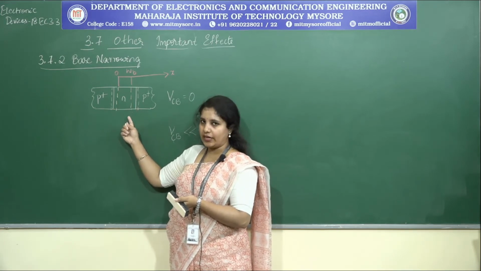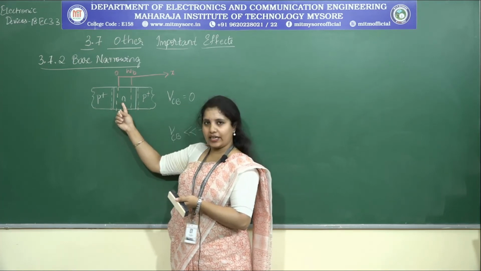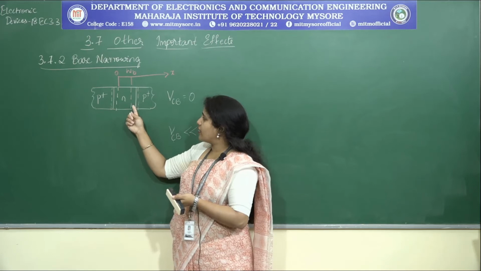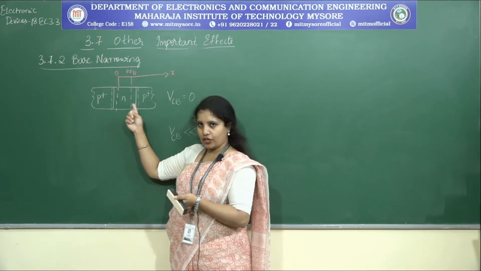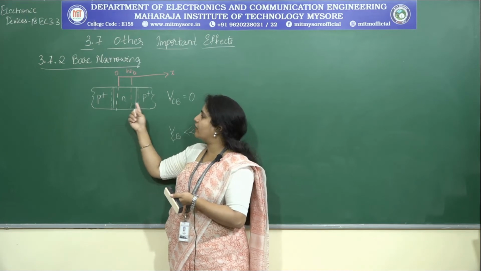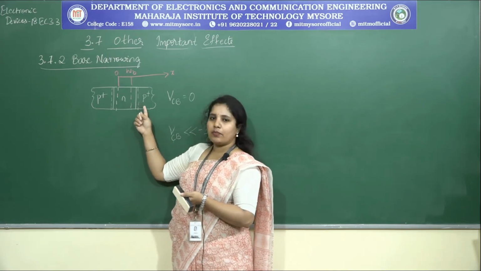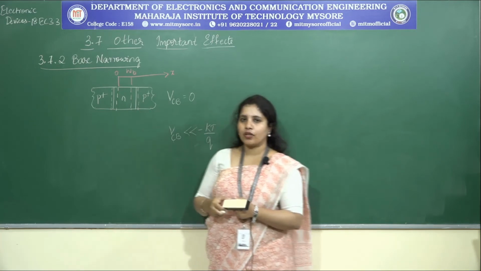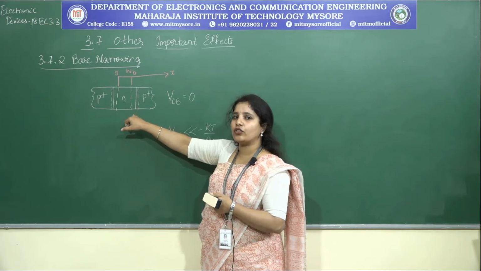It gets widened, right? Now, as it gets widened, since my N is lightly doped, this width tends to extend towards the base region. It tries to occupy the base region, and there is only a little extension that I can see in the P plus because it is heavily doped. Now let me represent this variation in the width of the base.